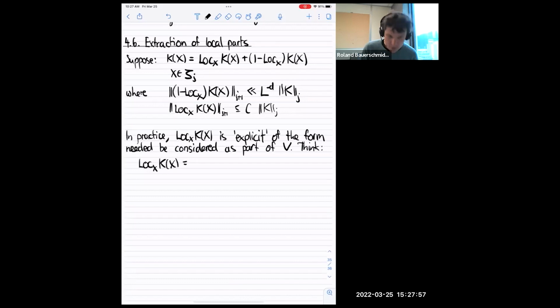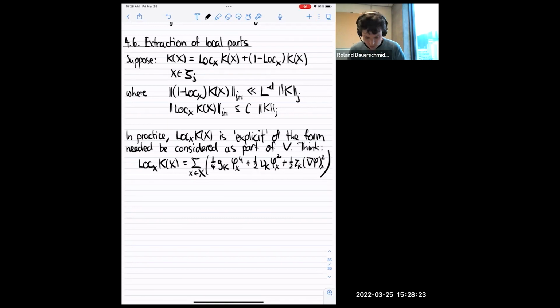So think about log x, k of x as given by a sum over the points x in the set x, of 1/2 some constant gk of phi x to the 4, 1/2 nu k phi x squared. Usually one also has to add a term like this.